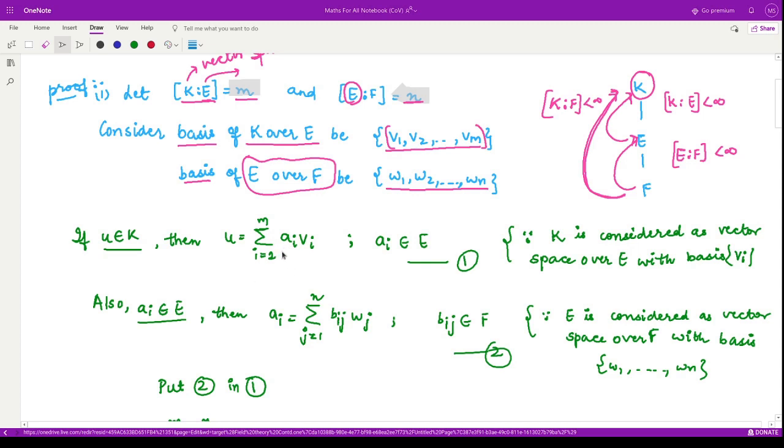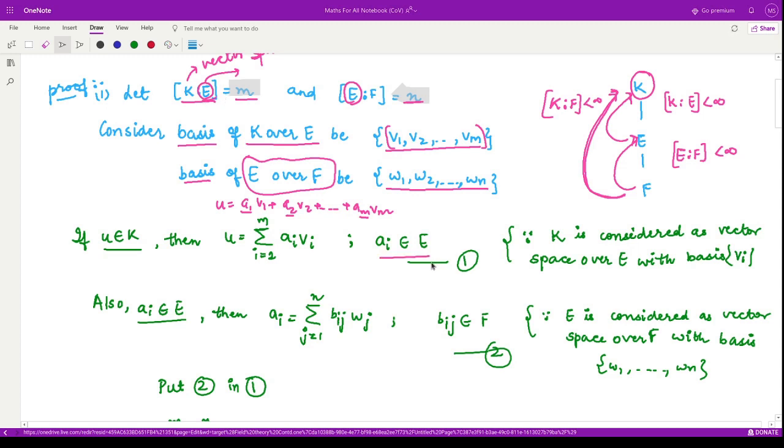So we have written it over these basis elements. So that would be the summation i varying from 1 to m, so it would be a1 v1 plus a2 v2 up to am vm, because in total we have m elements and the degree is m, right?